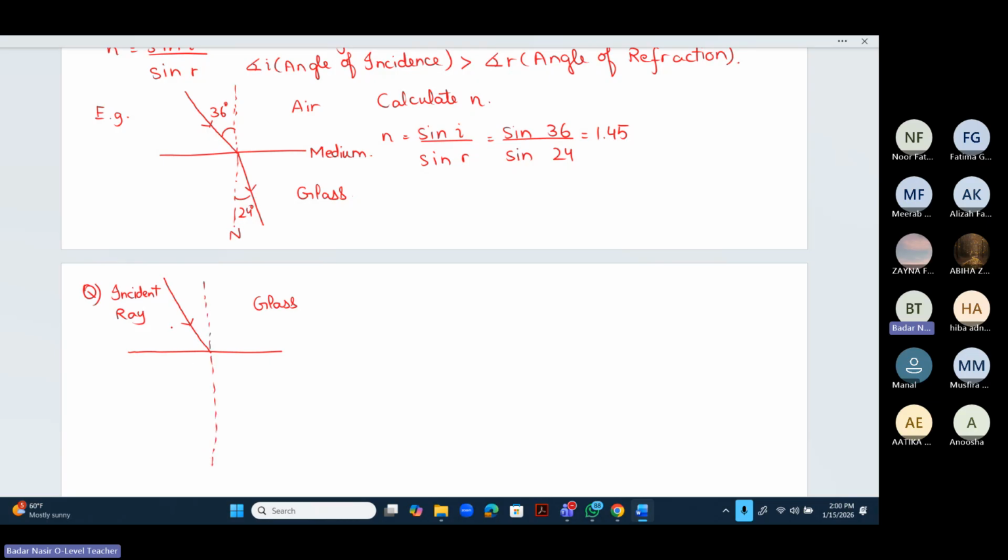Okay? So when a light ray travels from glass into the air, it bends away from the normal. So let's say this angle is given as 15 degrees. Okay? And let's say this angle is given as 12 degrees.